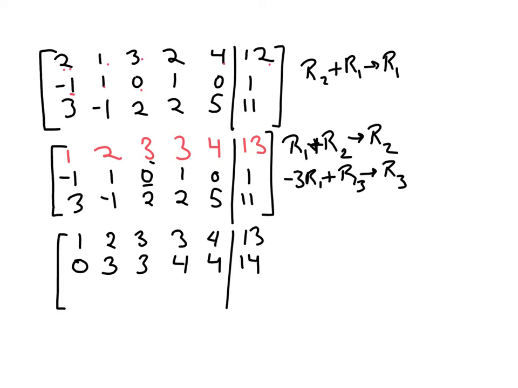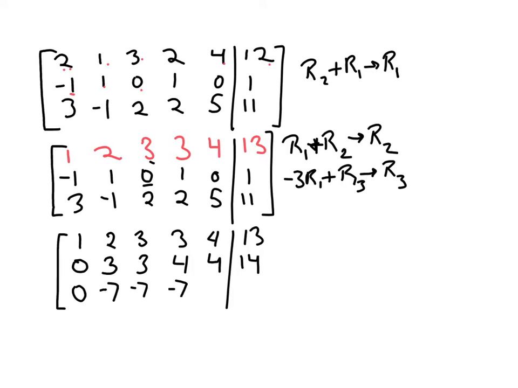Okay, so talking that through, -3 times this would be -3 plus 3 is 0. -3 times this would be -6 plus -1 is -7. -3 times this would be -9 plus 2 is -7 again. -3 times this is -9 plus 2, -7 again.